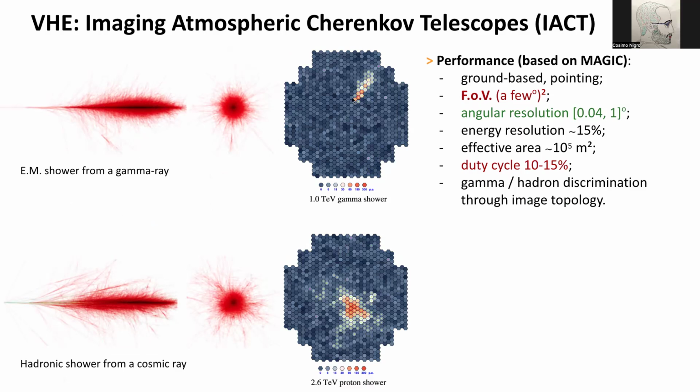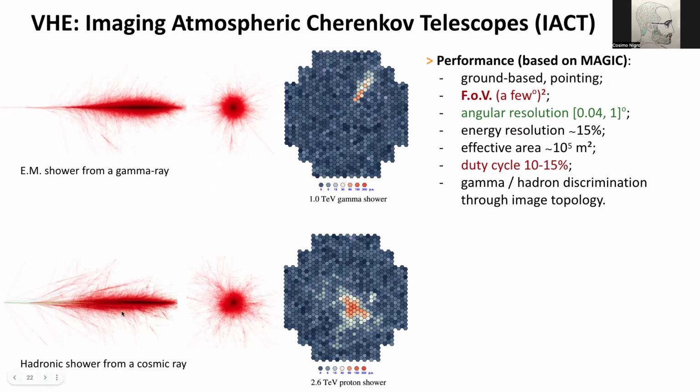Basically through the topology of events. If you remember, when we observed the computer simulation of the shower with the Cherenkov emission, I remarked that the electromagnetic shower was very narrow, very compact. This results in the fact that the Cherenkov light it produces will also result in a very compact image in the camera, usually something like an ellipse.